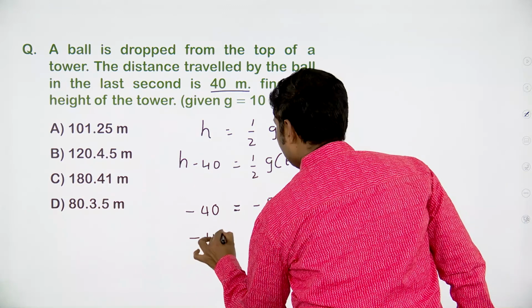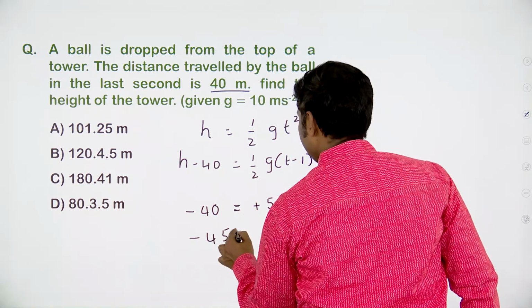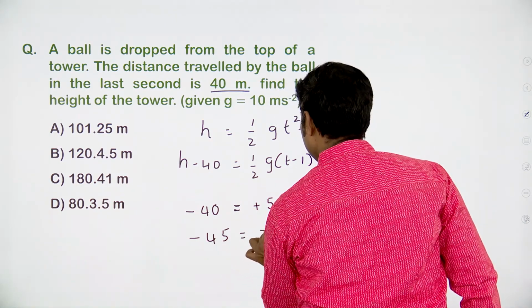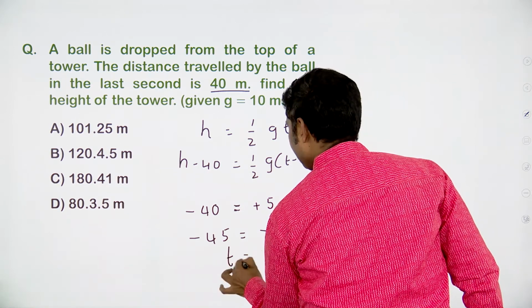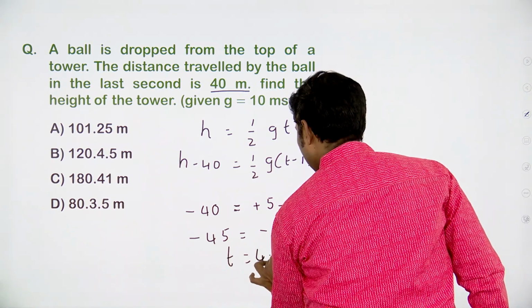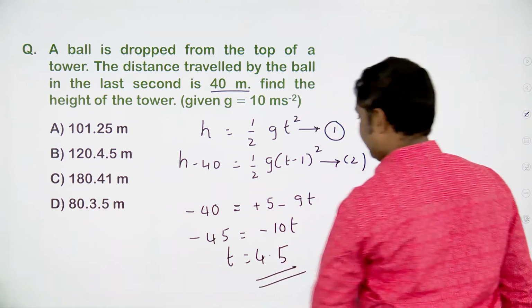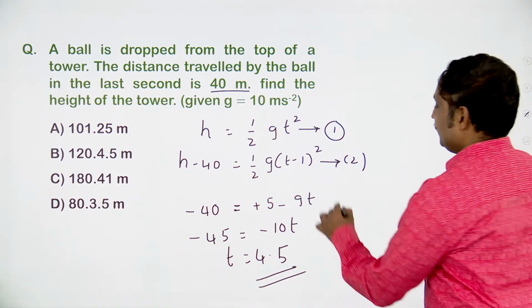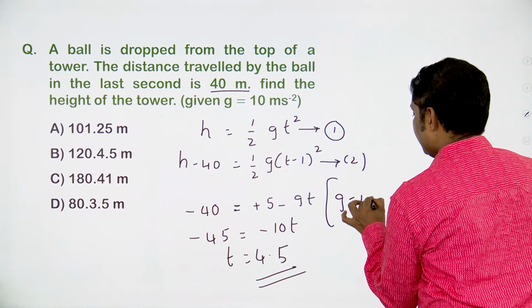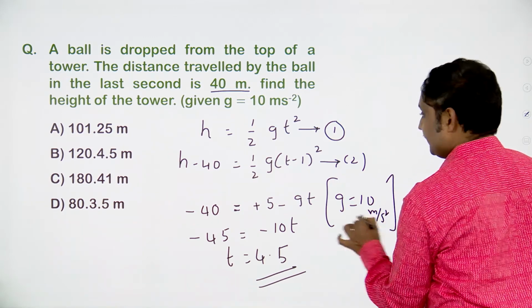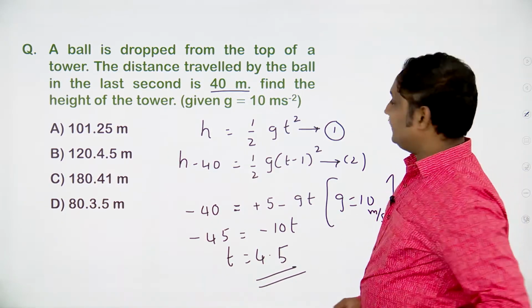So minus 45 is equal to minus 10t, t is equal to 4.5 seconds. Very clear, if you know that g is equal to 10 meter per second square. After getting that, you can calculate the height.